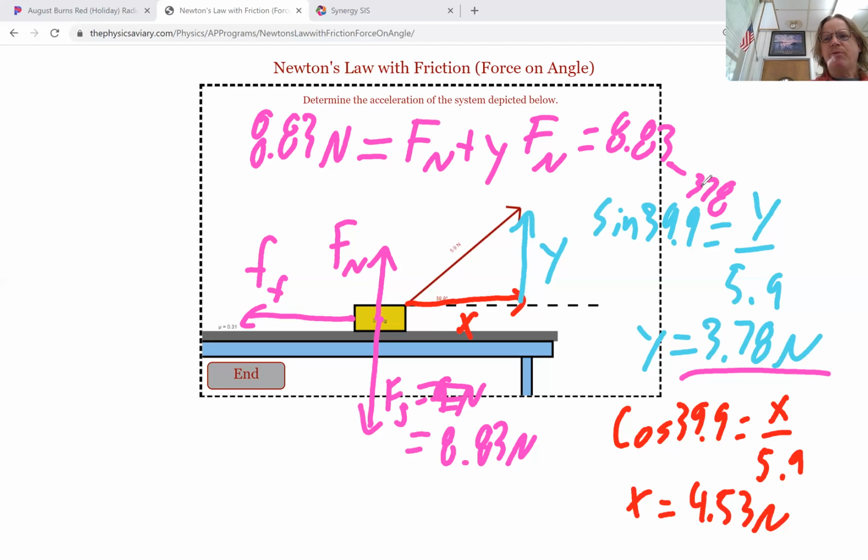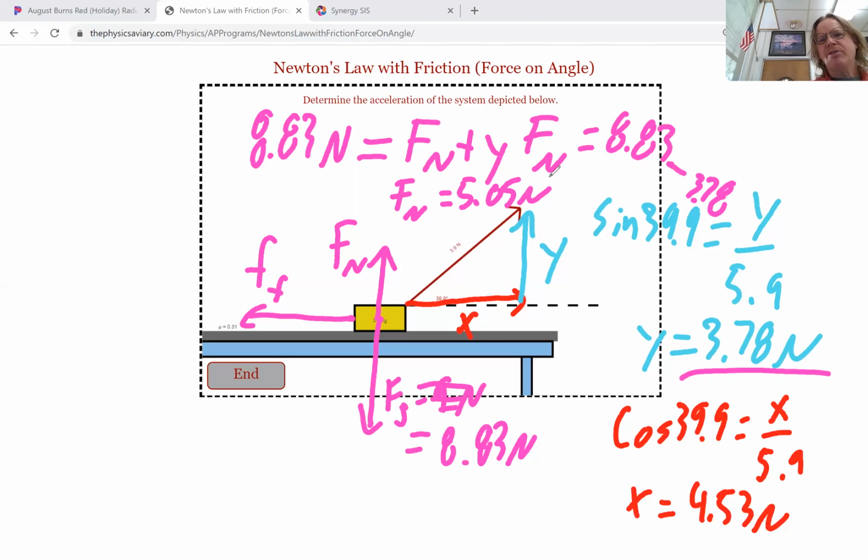So 8.83 minus 3.78 is a grand total of the normal force, F of N, 5.05 Newtons.